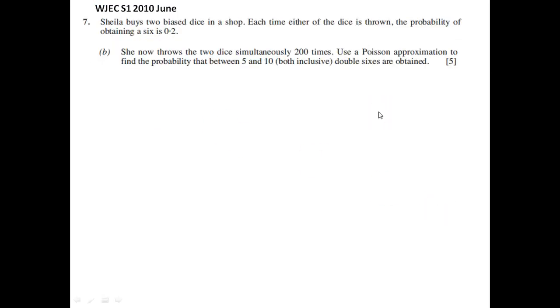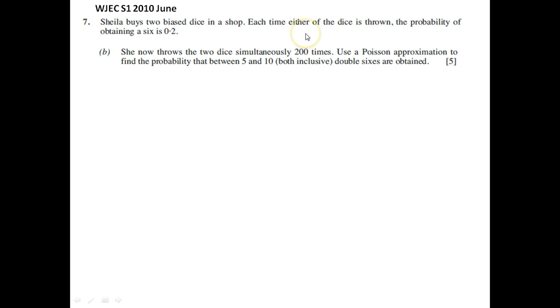Another question now. Sheila buys 2 biased dice in a shop. Each time either dice is thrown, the probability of obtaining a 6 is 0.2. Now we're only going to do part B. She now throws the dice simultaneously 200 times. Use a Poisson approximation to find the probability that between 5 and 10 double sixes are obtained.